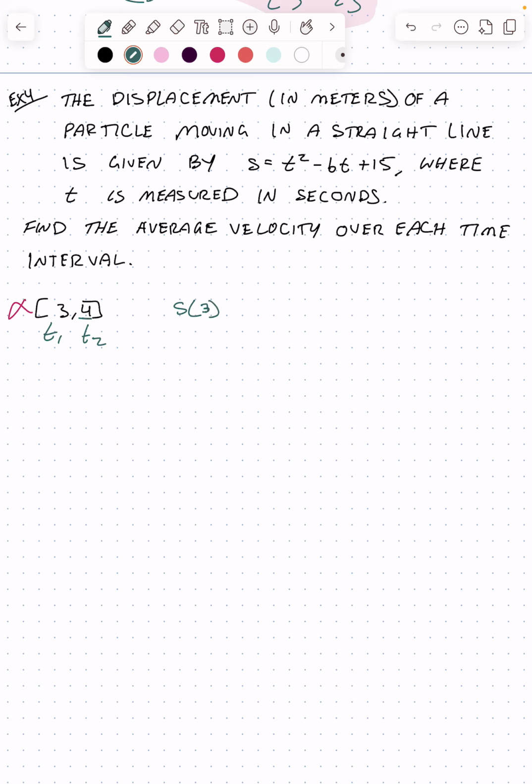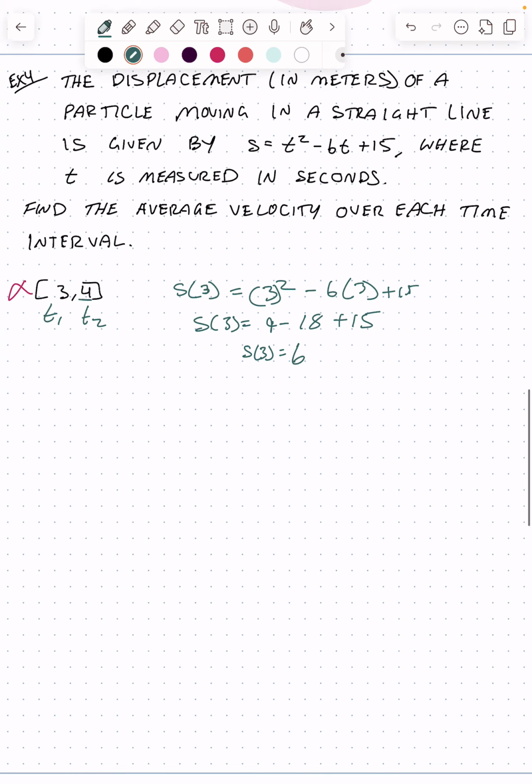That's a 3. Again, you can do this part on your own. This is not crazy difficult. It's just basic algebra, right? So we get 9 minus 18 plus 15. What does that give us? 7? No, 6. 6.